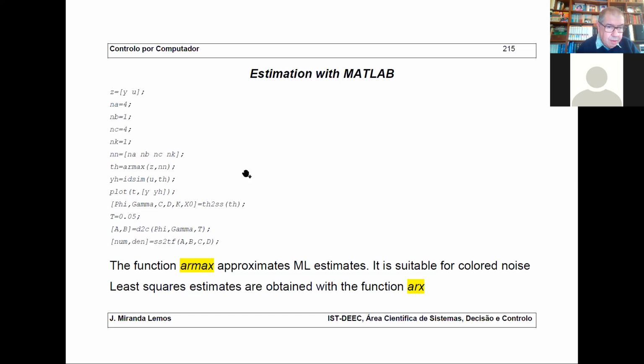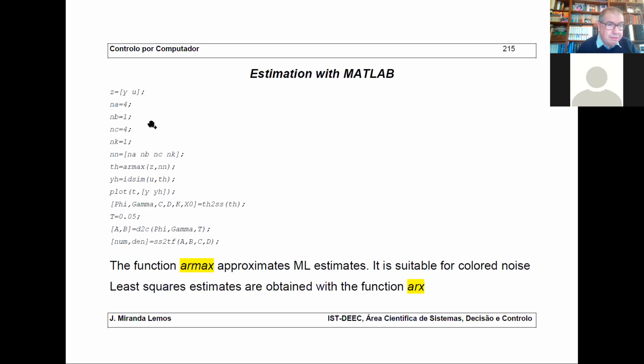In MATLAB, the System Identification Toolbox provides you with a function called armax. Remember, ARMAX is the name of one model, a difference equation model, but it's also the name of a function in MATLAB that yields an approximation of maximum likelihood estimators.